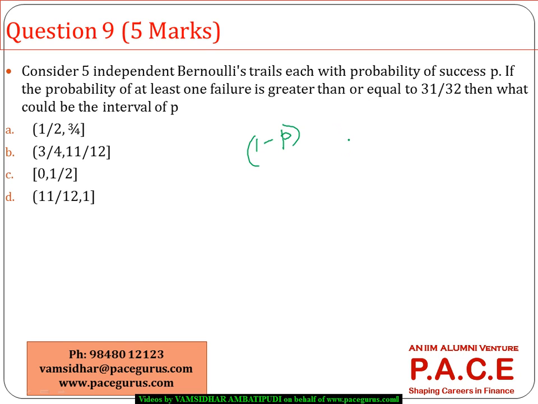So at least one failure being greater than 31 by 32 means the probability of all successes, which is P into P into P into P, P power n, is less than 1 by 32. So P power n should be less than or equal to 1 by 2 power 5.